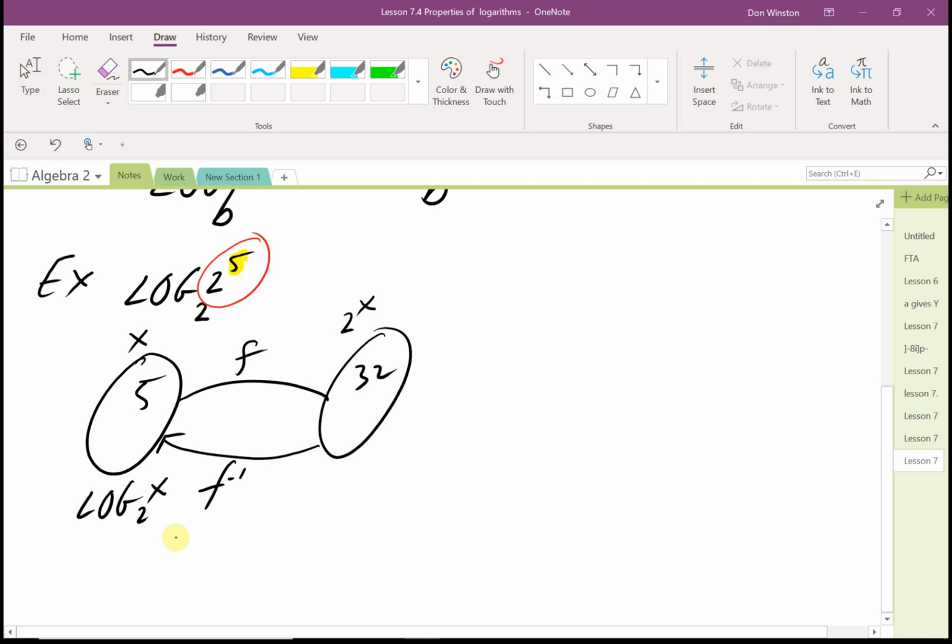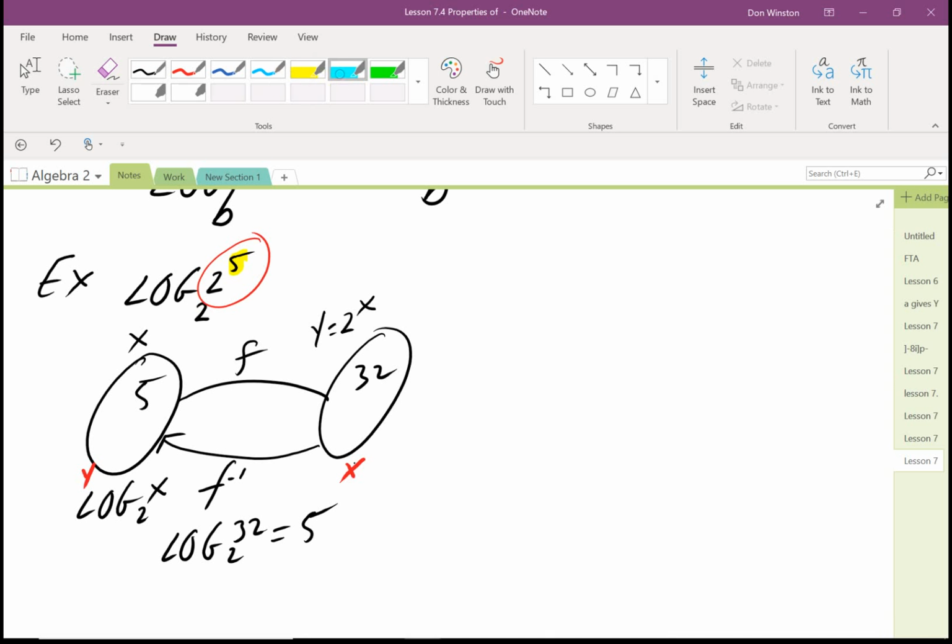So log base 2 of 32. Again, now this is x. This was y, and remember you switch the x and y, so now this becomes x, and this will be y. You switch x and y, but log base 2 of 32 is equal to 5. So that's nice. I got back where I started from.